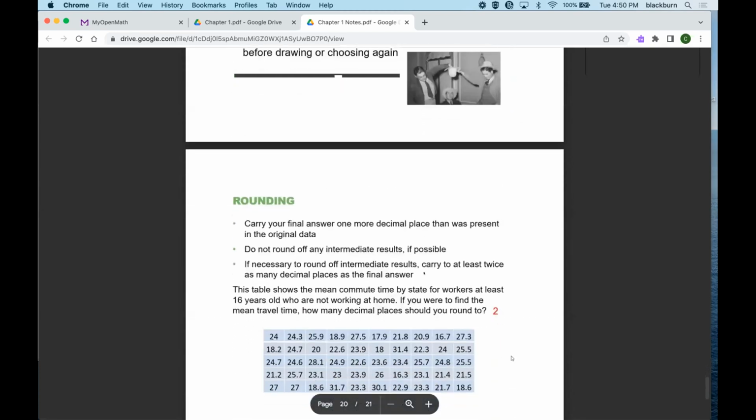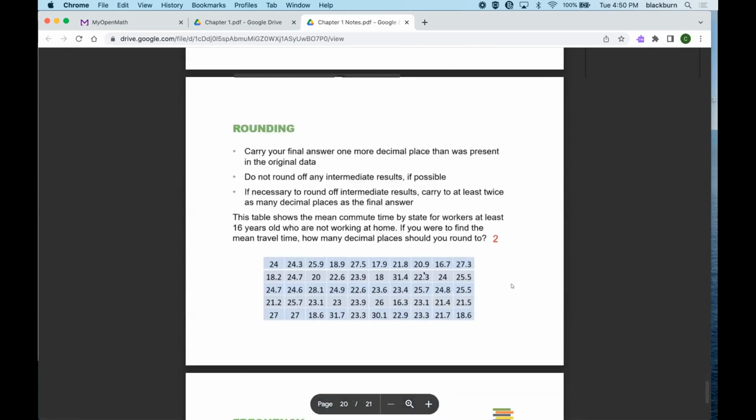Okay, then we talk about rounding. Carry your final answer to one more decimal place than was present in the original data. Do not round off any intermediate results if possible. If necessary to round off intermediate results, carry to at least twice as many decimal places as the answer. So this shows mean commute time by state for workers at least 16 years old who are not working at home.